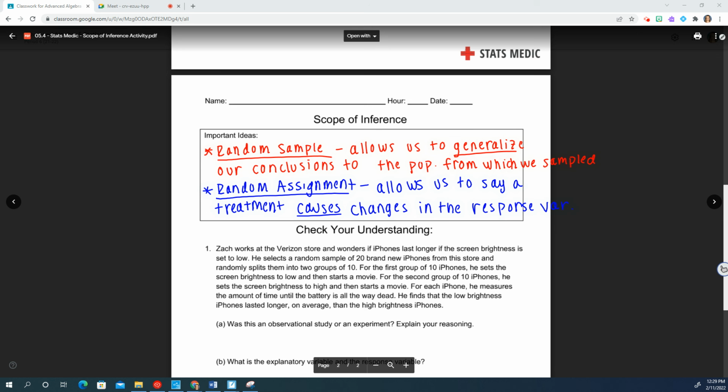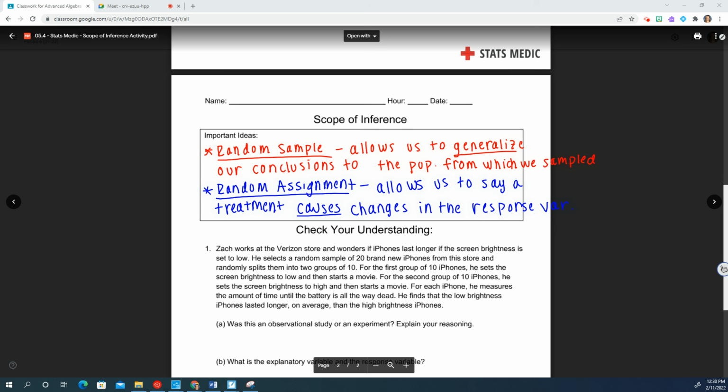All right, so one application problem, I'll read this out loud. Zach works at the Verizon store and wonders if iPhones last longer if the screen brightness is set to low. He selects a random sample of 20 brand new iPhones from the store and randomly splits them into 2 groups of 10. For the first group of 10 iPhones, he sets the screen brightness to low and then starts a movie.